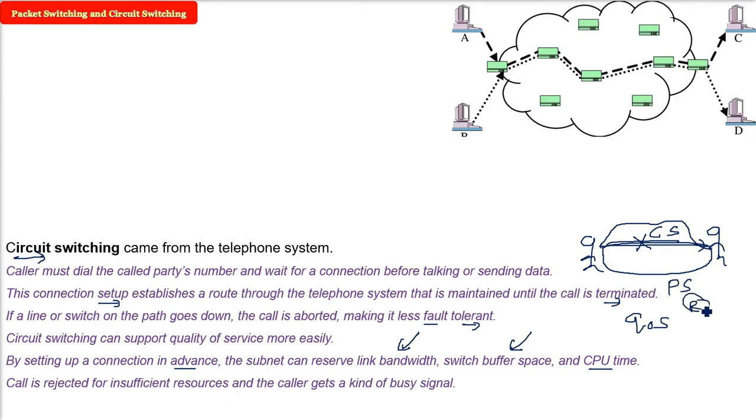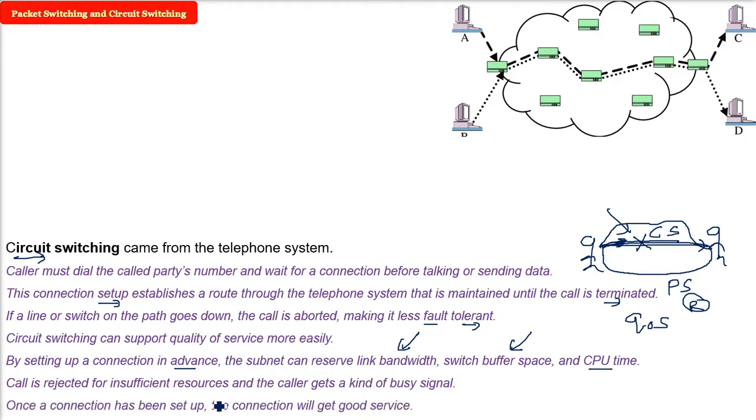And for example, if the resources are not sufficient and you know that a call is already established, then what will happen? Previously, 10 years back, after 11 o'clock the calls were free. So everyone starts calling, and when we start calling, it is always busy.